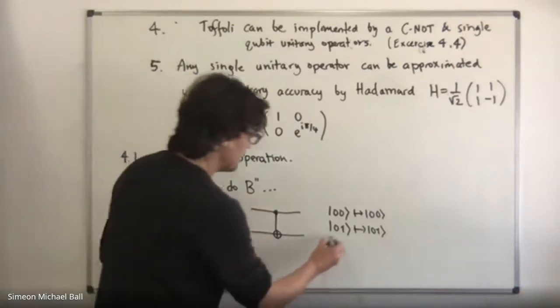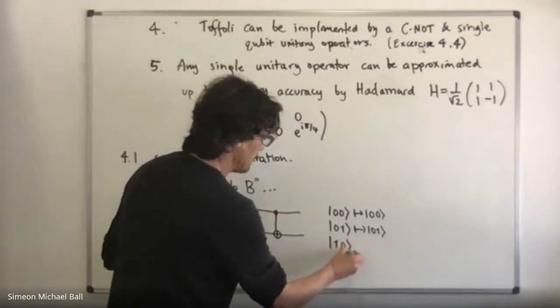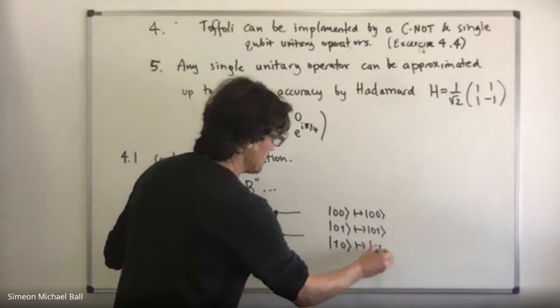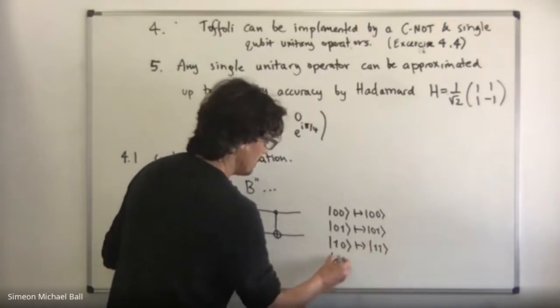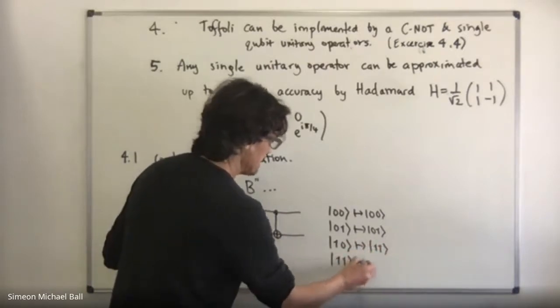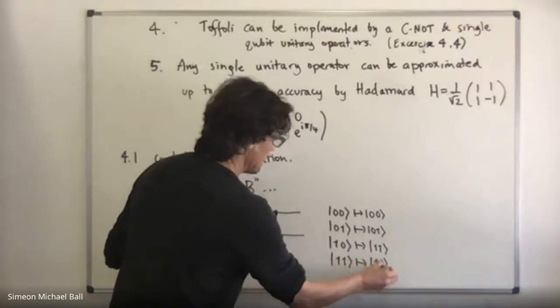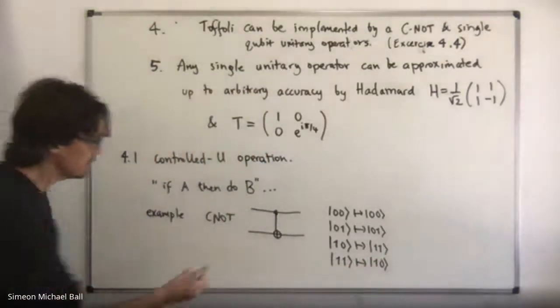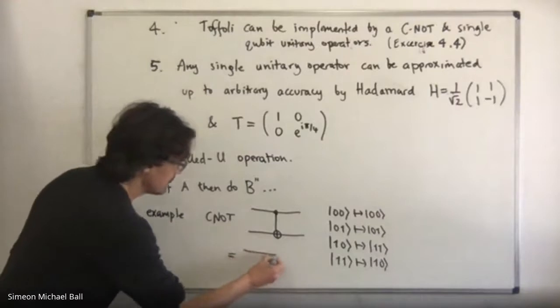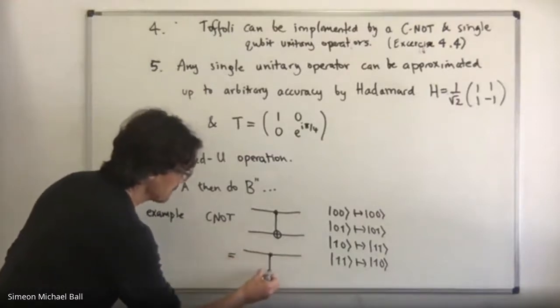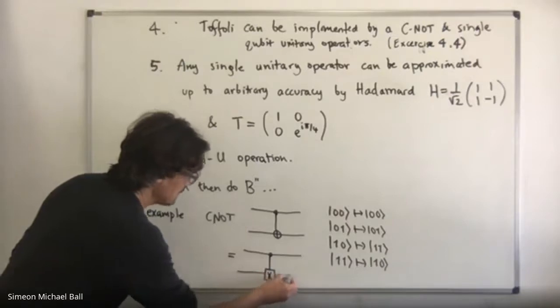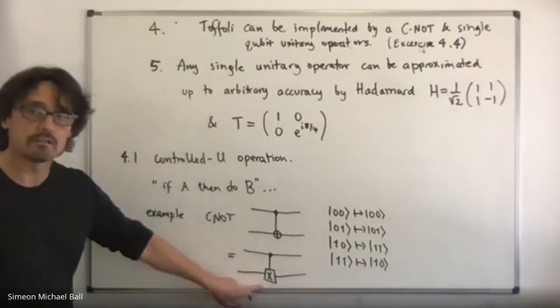If it is set, then we flip. We do addition modulo 2. So this is the same thing as saying this is a controlled X.